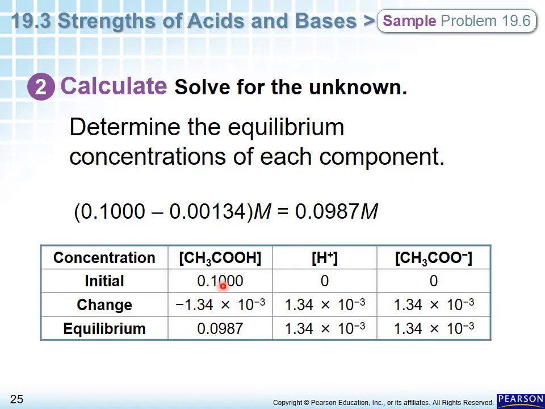We subtract 1.34 times 10 to the power negative 3 from 0.100. Why are we subtracting here? Because this one is dissociated. It's given in the question. Now when you subtract it, at equilibrium we get 0.0987. The others remain the same, because 0 plus this is the same. Hopefully you understood this.